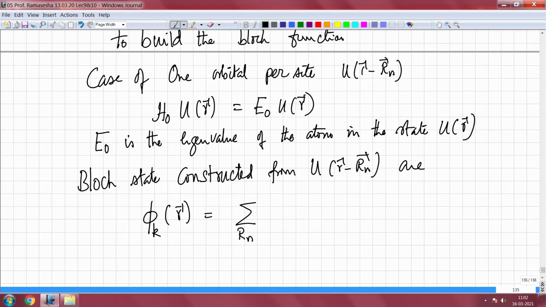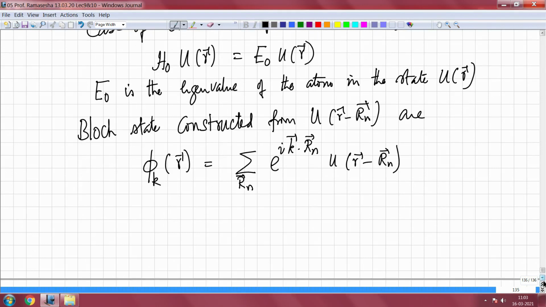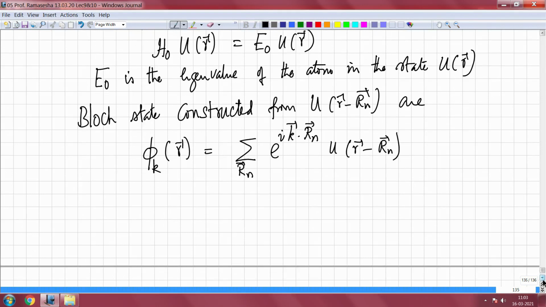It includes 0; only the potential did not include 0. Now, at this point it includes Rn equal to 0 as well. E to the I k dot Rn U of R minus Rn. In the lecture before the previous one, I had shown that phi k of R satisfies Bloch's condition. So I will not show it again.